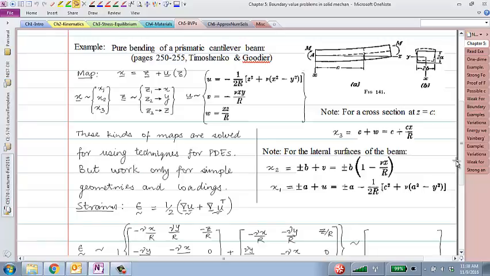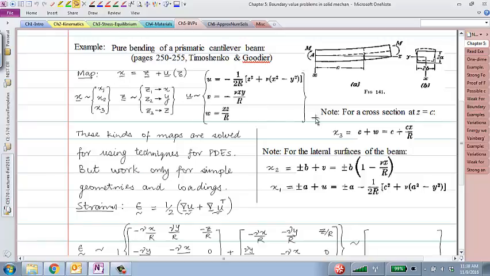One example I've already mentioned maybe some time back was this example of a cantilever beam subject to an end moment. And we looked at the exact solution given by this form under the restriction that you assume that strains are small. And we saw that if you could generate the deformation map x equals z plus u of z, that if you add this to the original locations, you get the map.